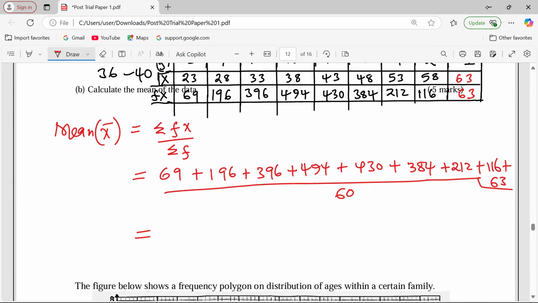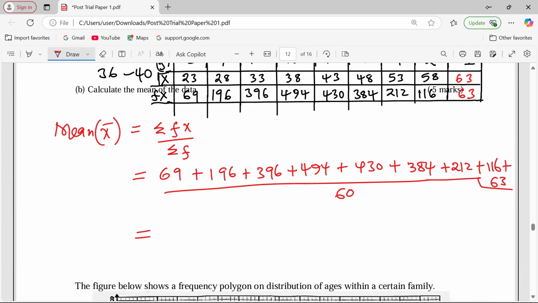You can also add at the table. Then you bring the answer. You bring the sum to the formula. You substitute directly. So 69 plus 196 plus 396 plus 494 plus 430 plus 384 plus 212 plus 116 plus 63.